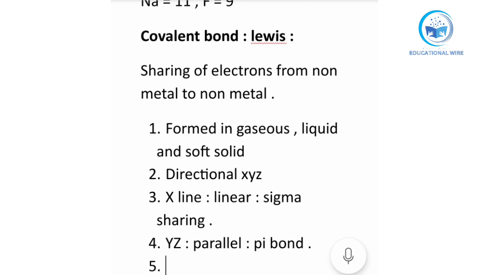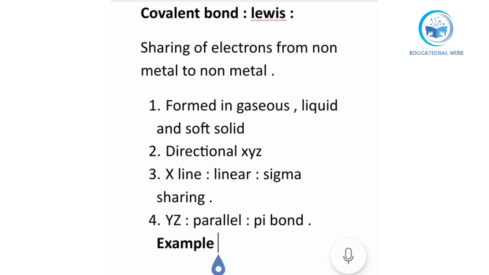Let's move further. Taking an example of a covalent bond, how it makes sharing of electrons from non-metal to non-metal. For example, nitrogen, which is a non-metal. Nitrogen 7 on both sides. One is a non-metal, the second is also a non-metal. So nitrogen is equal to 7.